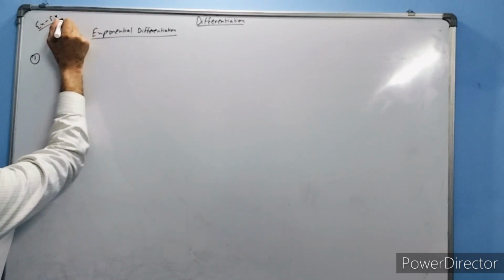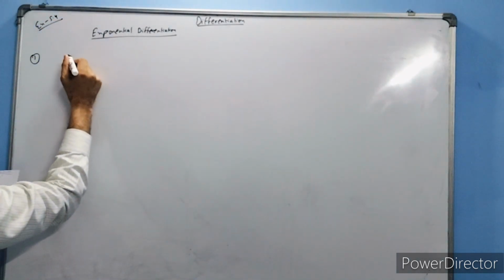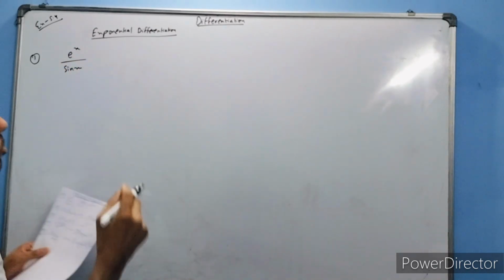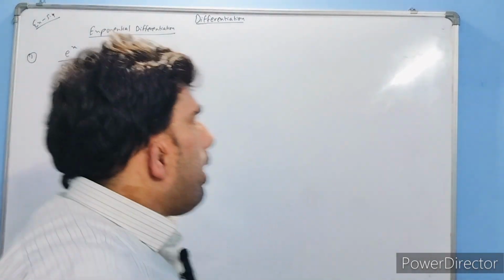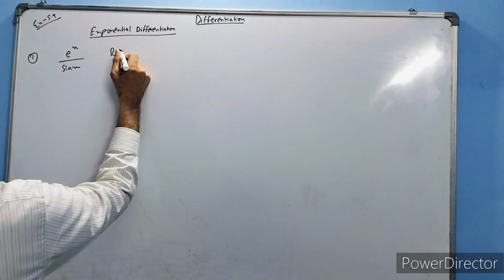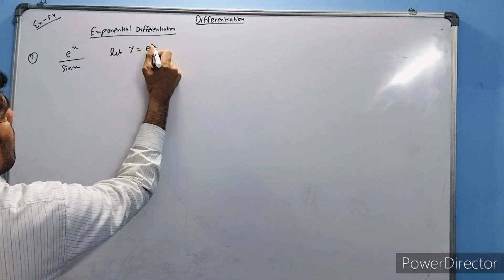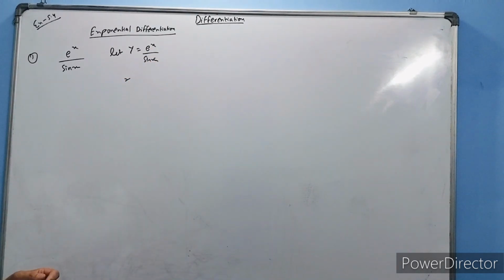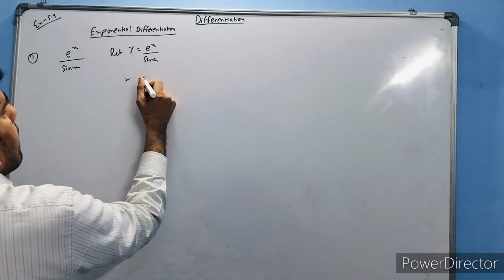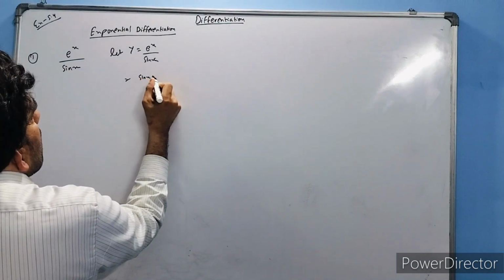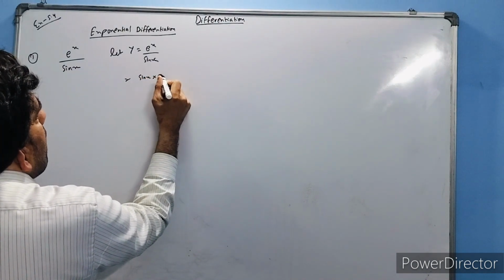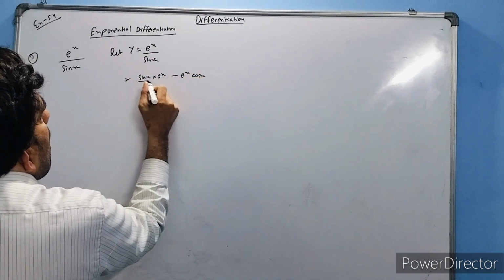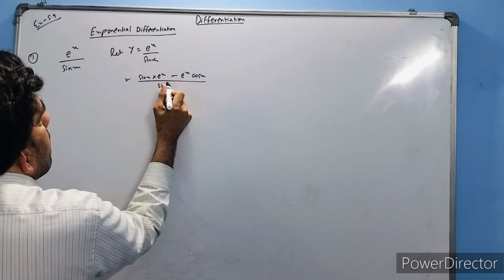So now let's begin with the first question I have, e raised to power x upon sin x. So how to differentiate it? Let us see. Let y is equal to e raised to power x upon sin x. Then we can apply here u upon v differentiation, that is v, sin x, into differentiation of e^x minus e^x into differentiation of sin x, which will be cos x, upon sin square x.